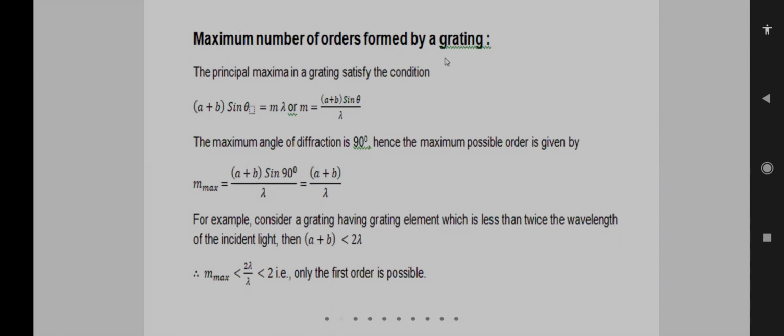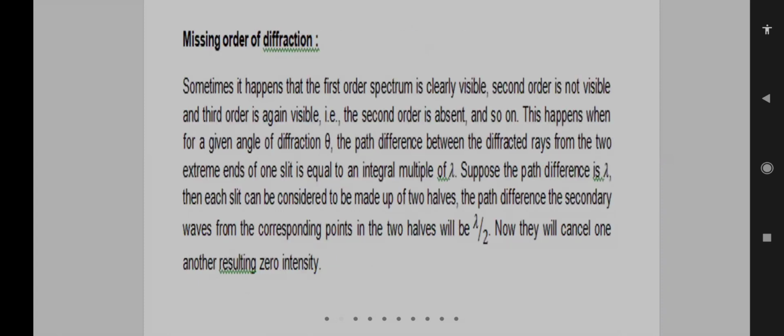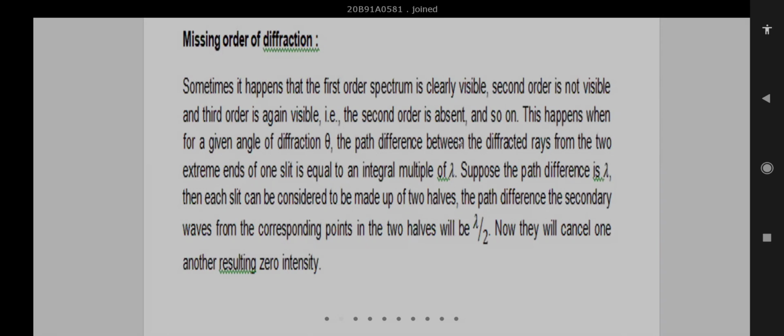Okay, now coming to the missing order. Missing order of diffraction. Sometimes it happens that the first order spectrum is clearly visible, the second order is not visible, and the third order is again visible. That is, the second order is absent, and so on.